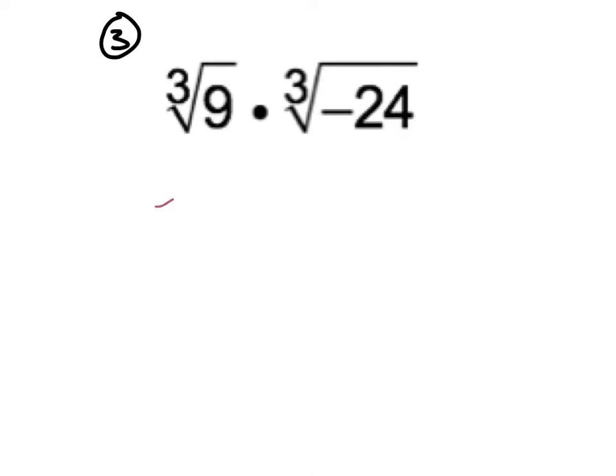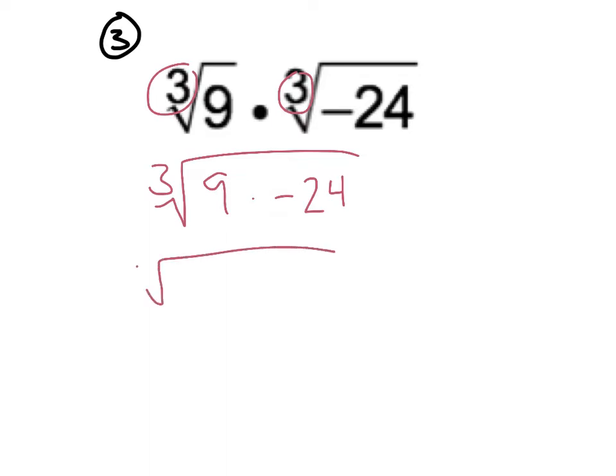So we have the cubed root, so since their indexes are the same, we can combine them, of 9 times negative 24. Now here we don't have to multiply the 9 times negative 24 because we're going to end up finding the factors of them anyways, so we can just leave it unmultiplied.